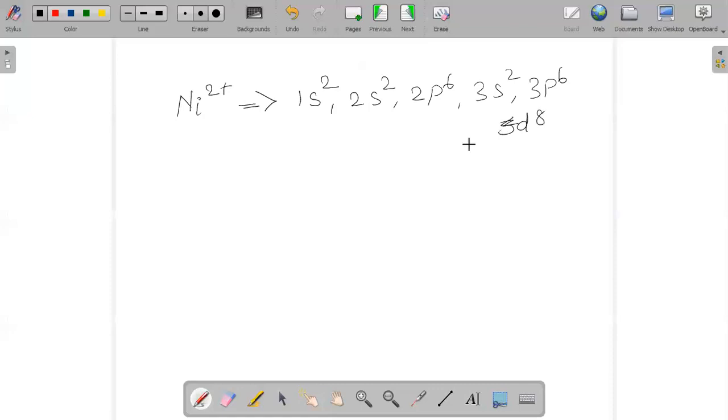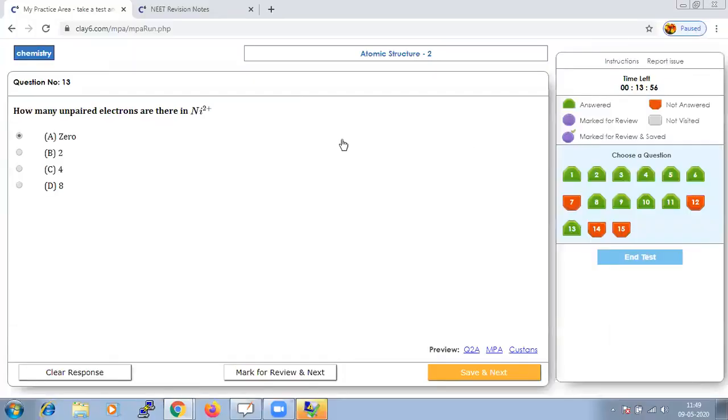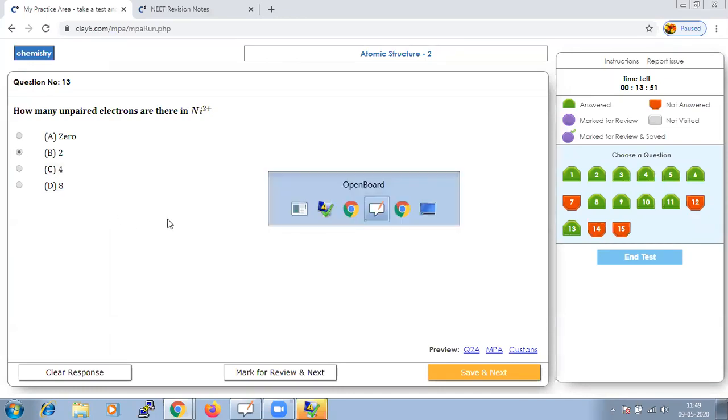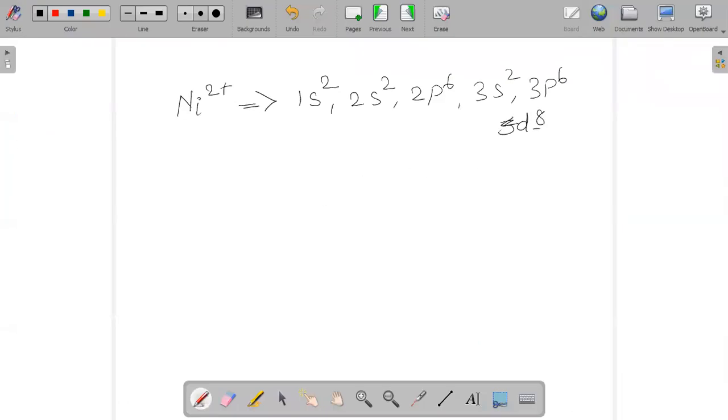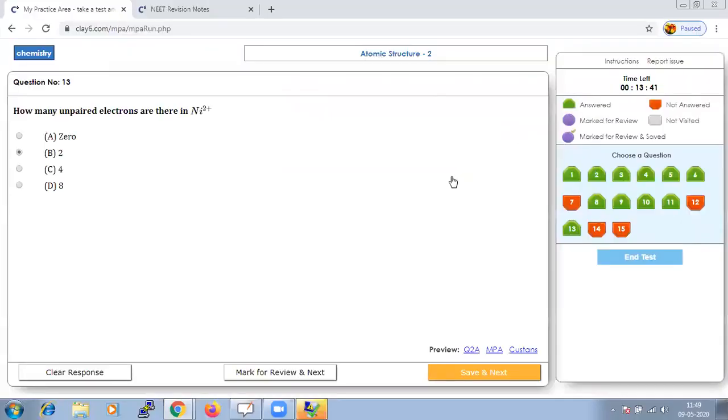So when you do the electronic configuration, you should be able to find out that Ni2+ has 2 unpaired electrons. You could see here it is 3d8. D will accommodate 10 electrons, hence it has 2 unpaired. Hence our option D is the right option.